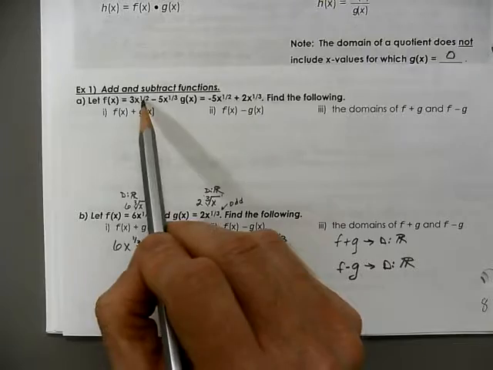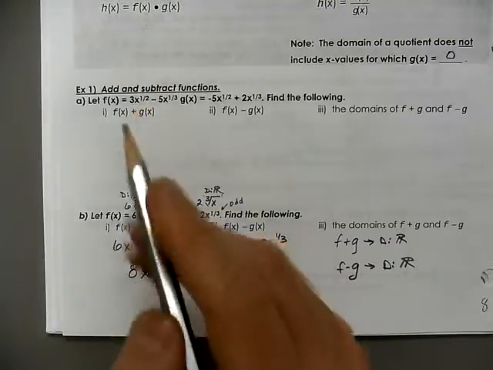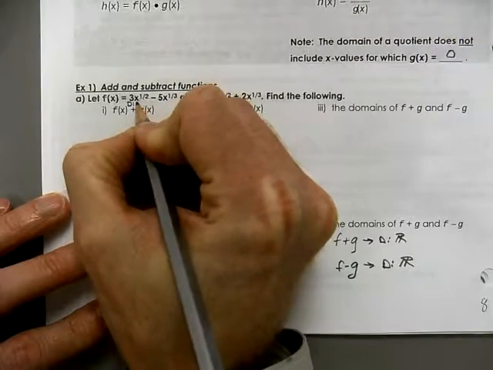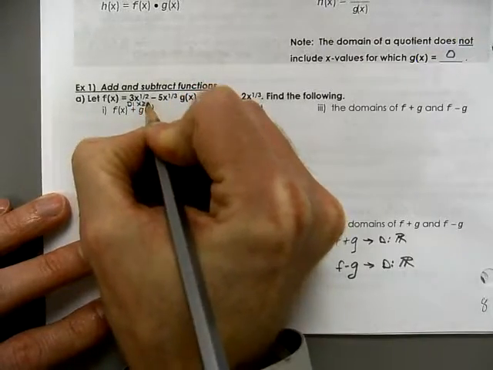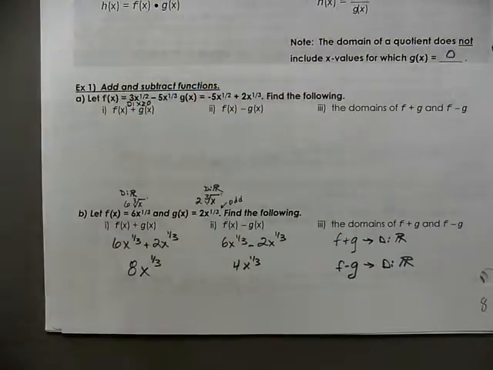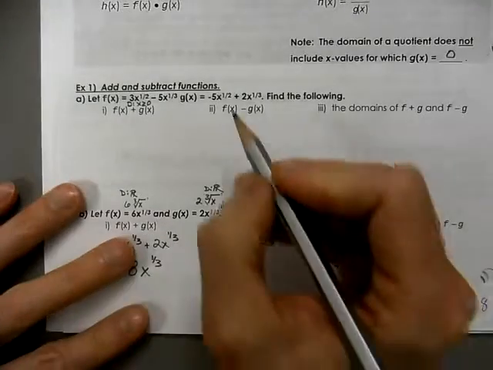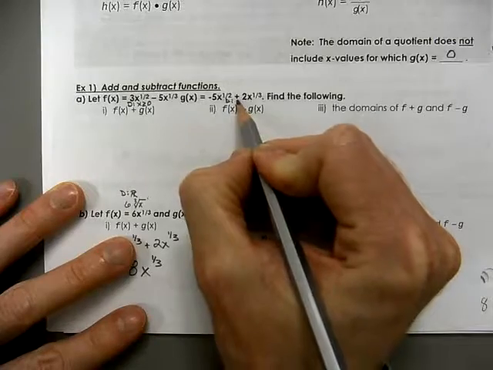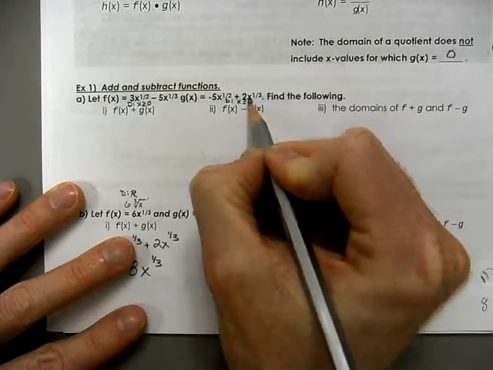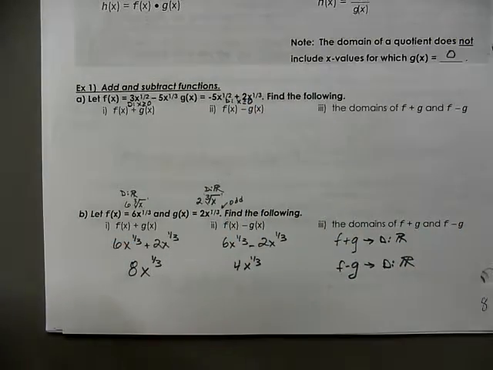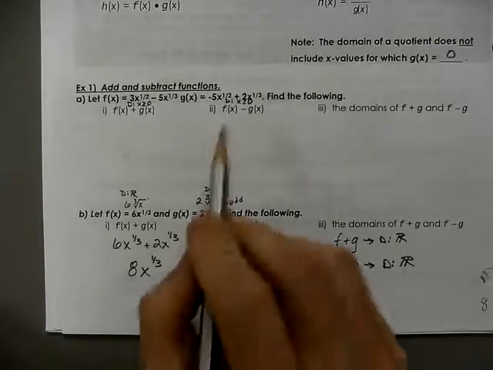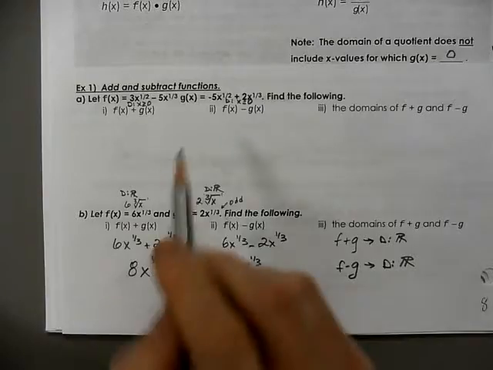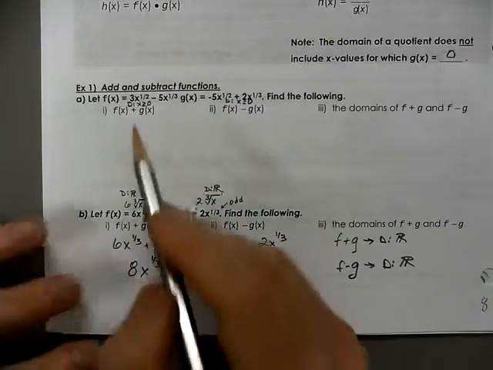But the square root, of course, we cannot use negatives. So the domain here would just be x is greater than or equal to 0. It cannot include negative numbers. And the same thing for this side. So the only numbers that we can consider, even when we put these two functions together, are greater than or equal to 0. Negatives cannot be plugged in because it doesn't work for both sides.